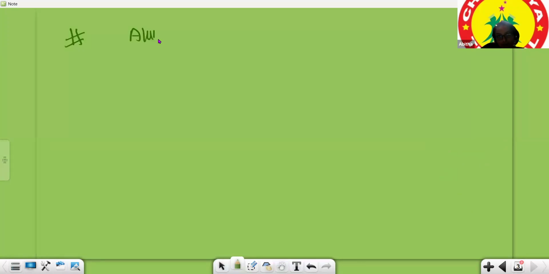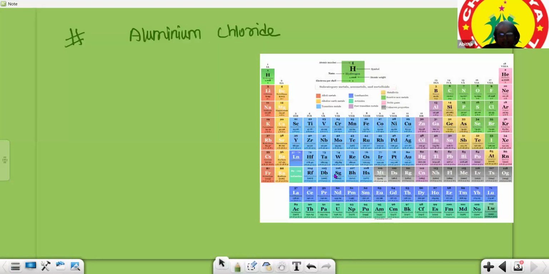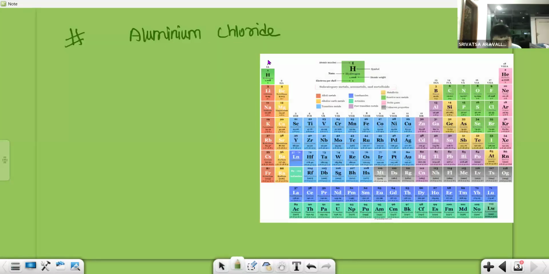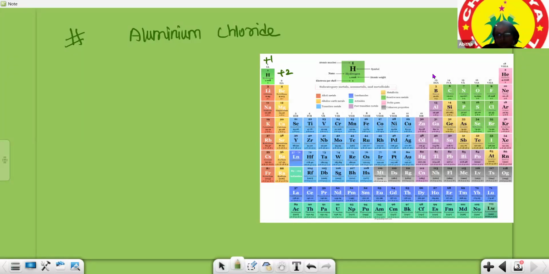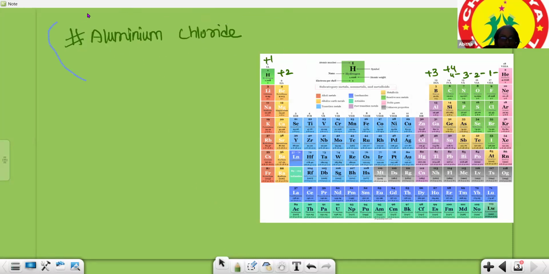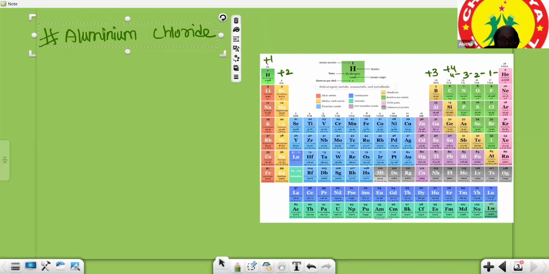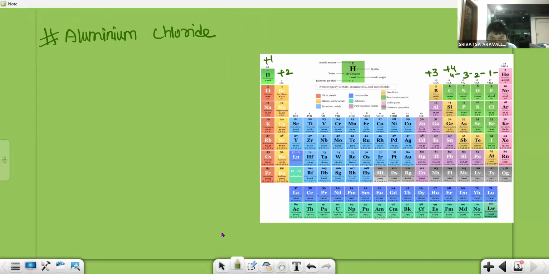You have to write the formula of aluminium chloride. So check from the periodic table. I'm adding the periodic table here. You can check. Shall I add charges? +1, +2, +3, +4 or -4, 3 minus, 2 minus, 1 minus. Tell me, for aluminium chloride, what are the symbols present? Al.